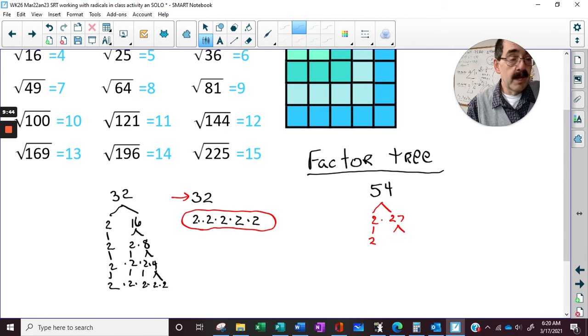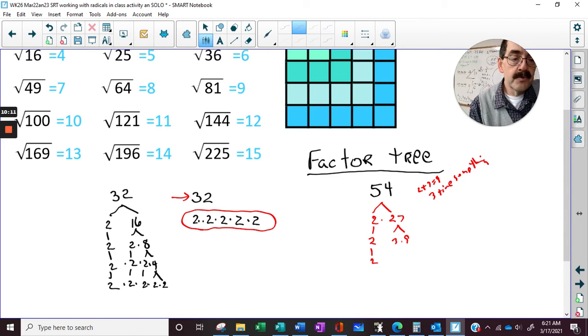It's not an even number. You guys know the rule of multiples of 3? 2 plus 7 is 9. That's a multiple of 3. So 3 times something. 3 times 9.